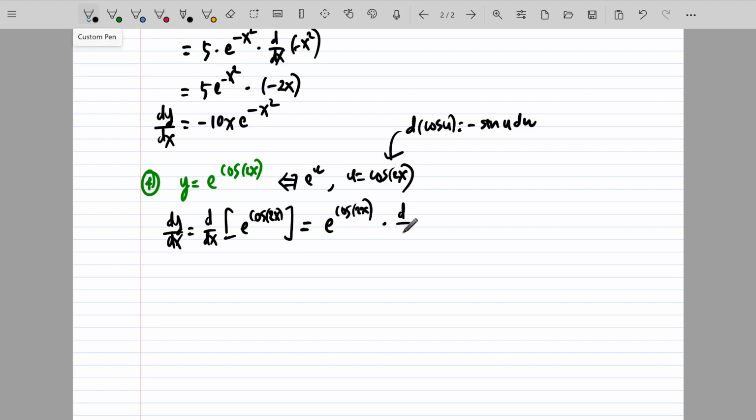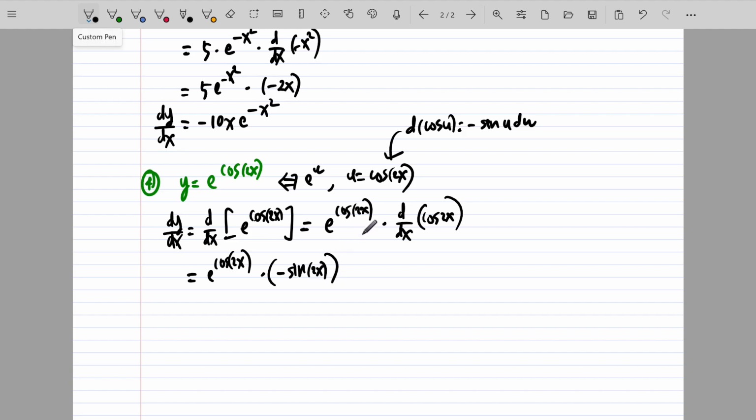So, derivative ng cosine of 2x. Copy lang muna ito, yung e raised to cosine of 2x. Then, derivative ng cosine of 2x or cosine of u. So, negative sign yung du na. So, derivative ng cos is negative sign. So, negative sine of 2x.